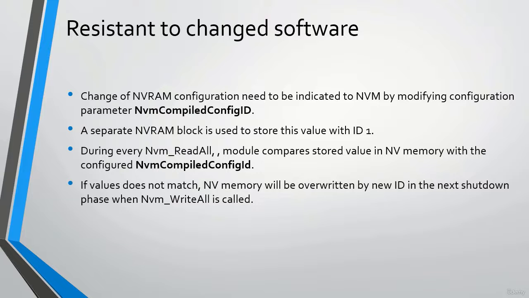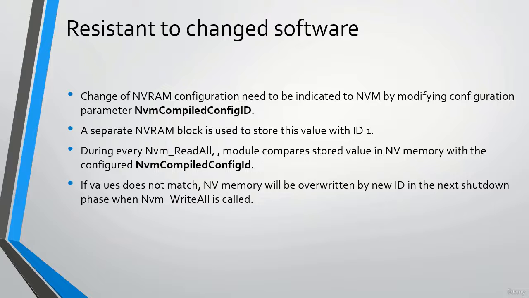Now, if the value does not match, NV memory will be overwritten by the new ID in the next shutdown phase when NVM write all is called. So once the software runs, if we see that the ID is different, we will update this ID during the shutdown phase when NVM write all is performed. After that, in the next cycle, we will see that the configuration IDs are matching.